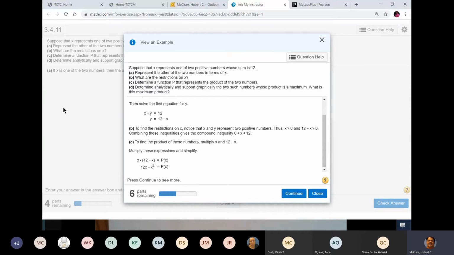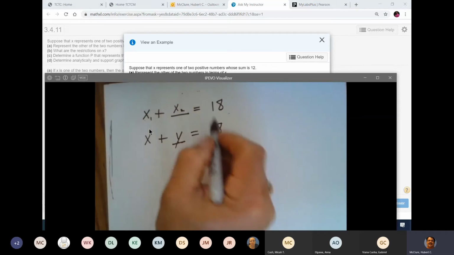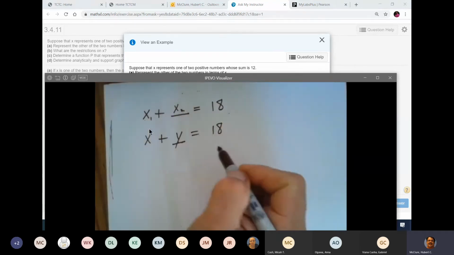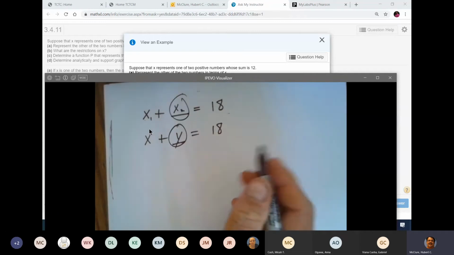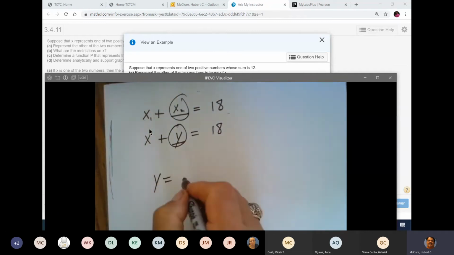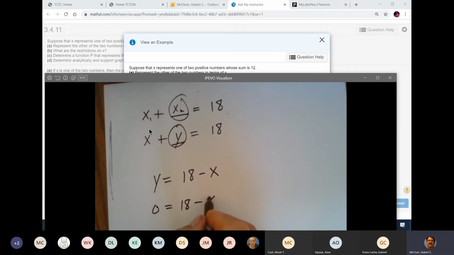Okay, whatever. They're saying after you set up x plus y, or x plus x sub 2, whichever one you want to do, solve for this one. So that's going to be y is equal to 18 minus x. And then they're saying set it equal to 0. 0 is equal to 18 minus x.